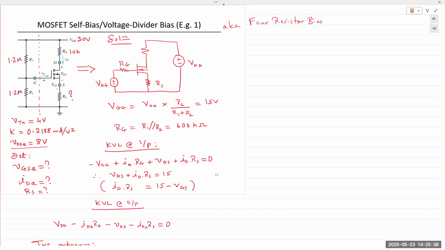Determine what value of VGS would be required to do so. As design engineers, we always work backwards. We have our system, our application, and our purpose, and then we need to design the system to fit that purpose. And so we need to determine VGSQ.